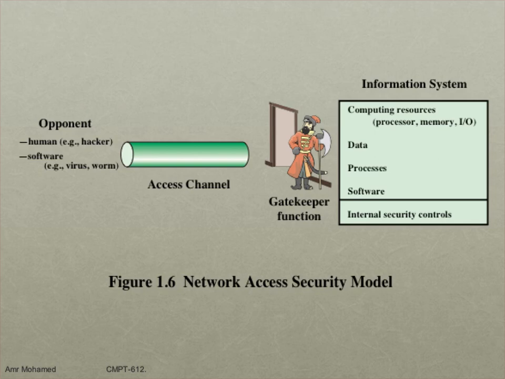Again, that's not tied to a particular layer usually, or it actually combines multiple layers together. So the gatekeeper here is usually a firewall. This firewall allows only legitimate access to the system or to the resource behind it.